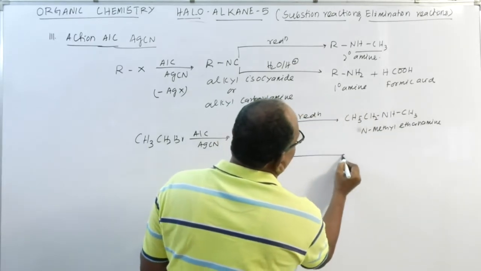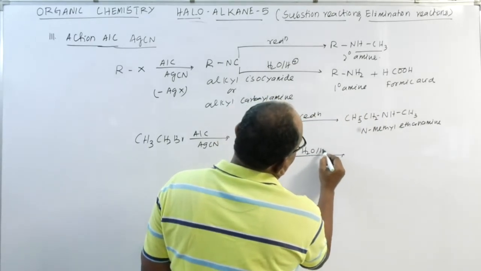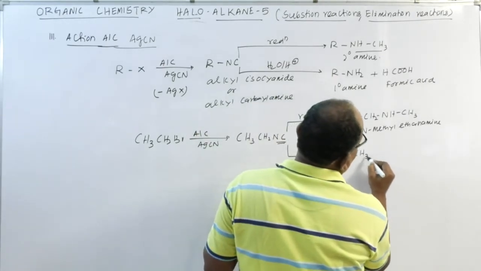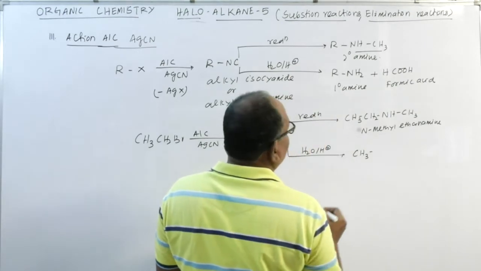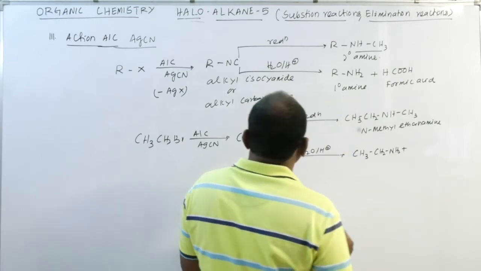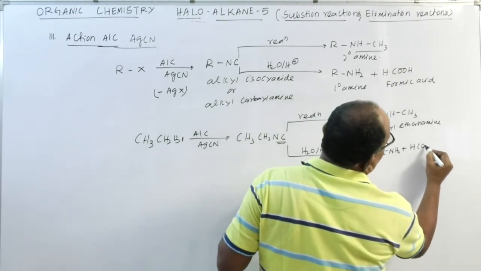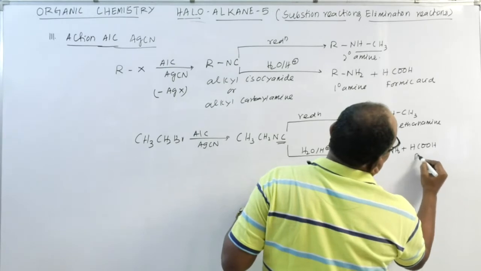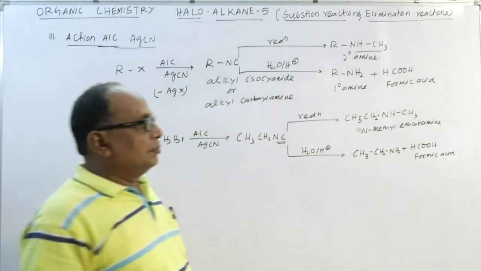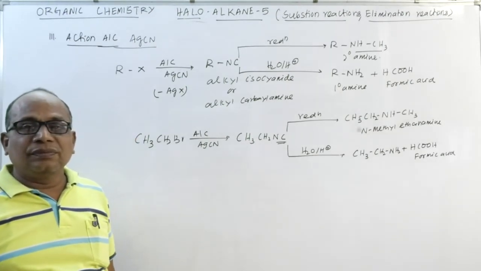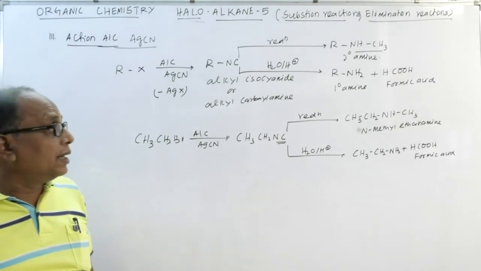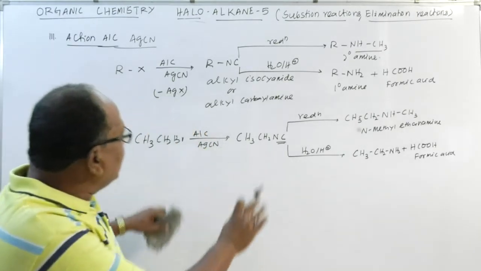And on hydrolysis, it gives you CH3CH2NH2 plus HCOOH. This is your formic acid. Okay, so I can write this equation.